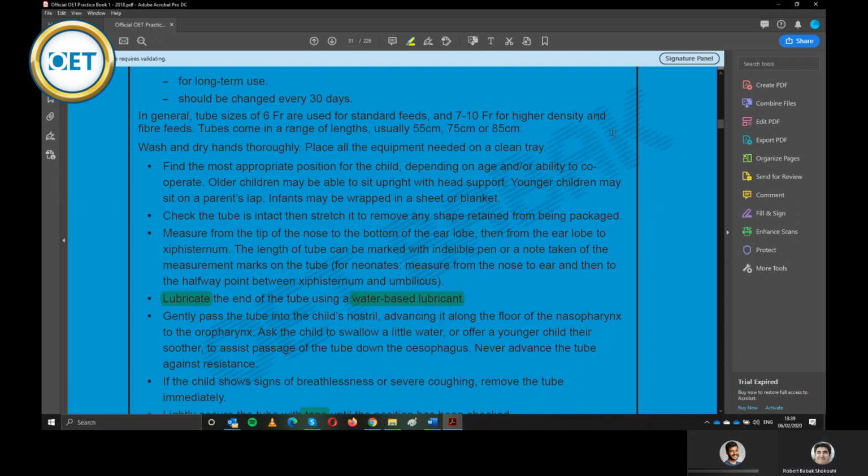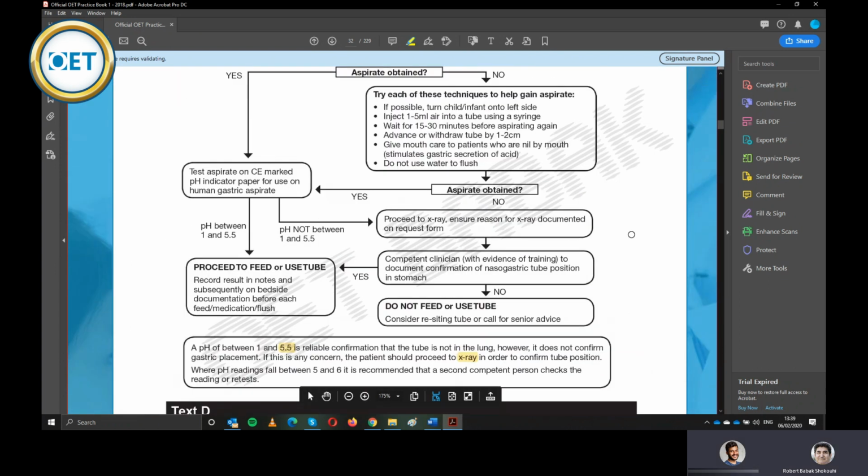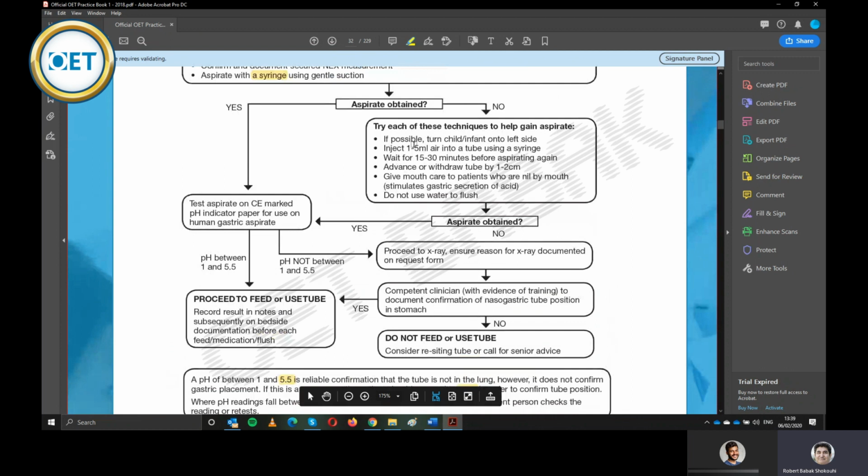So let's go to the next part again. Okay, if it fails, try each of these techniques to help gain aspirate.